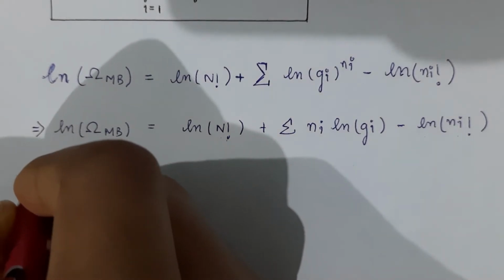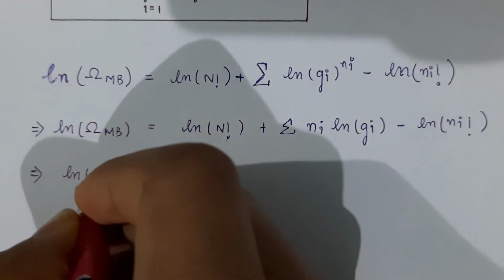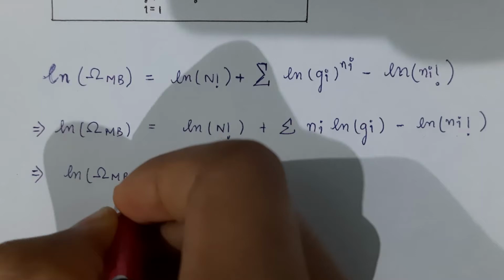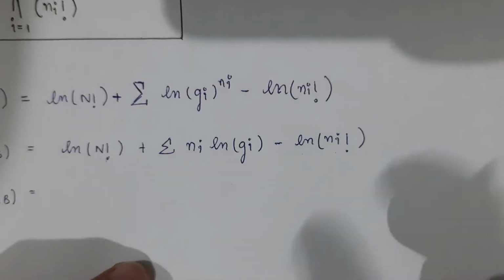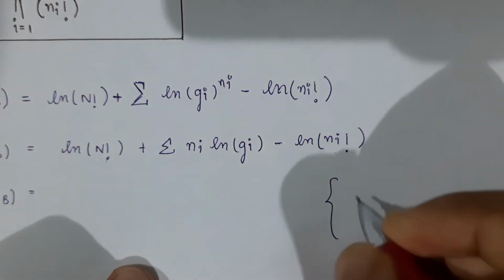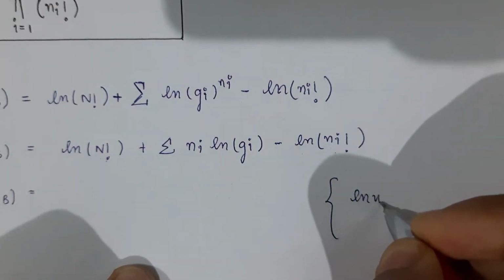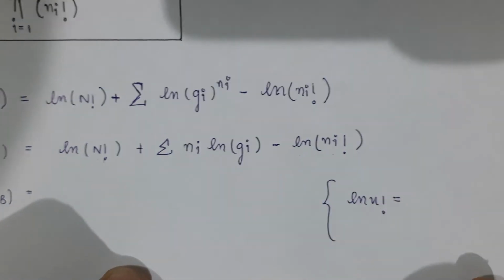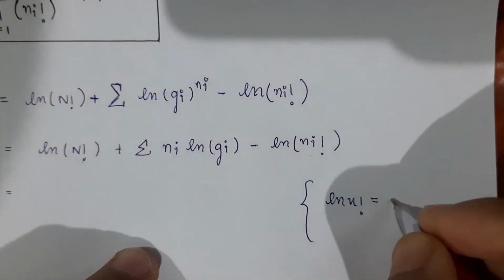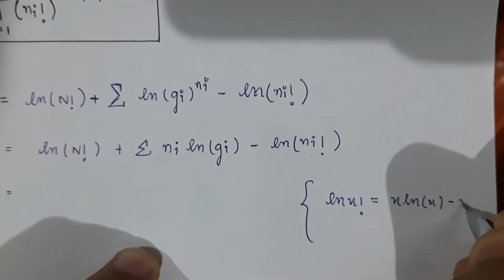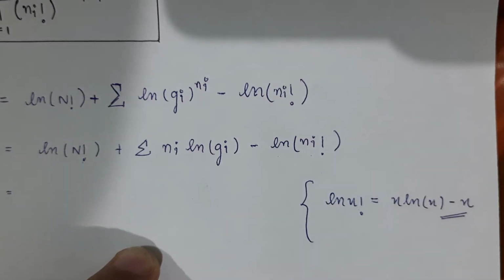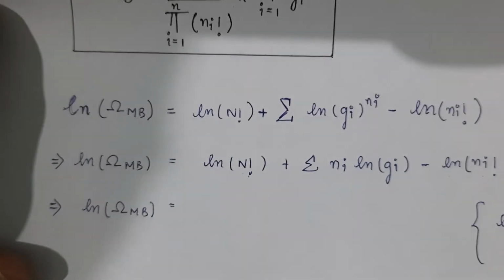Let me tell you what Stirling's approximation is. If there is something like ln of x factorial, we can take it as x ln x minus x. We are going to apply it over here.